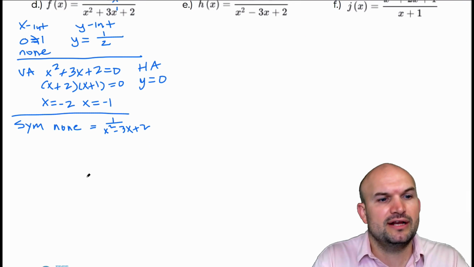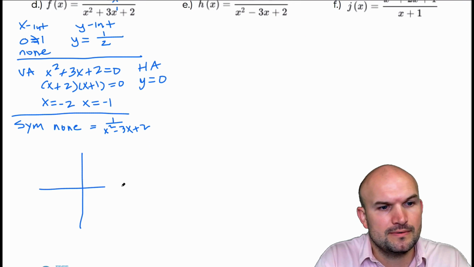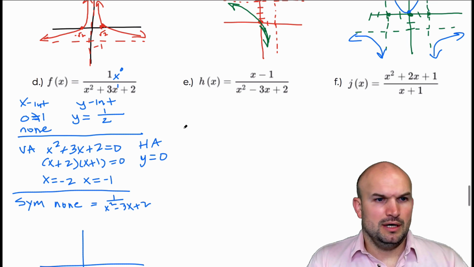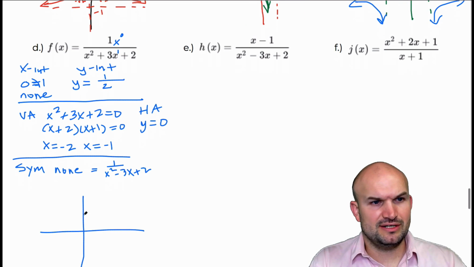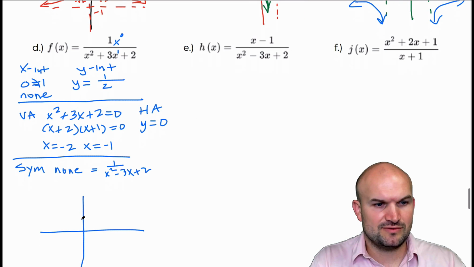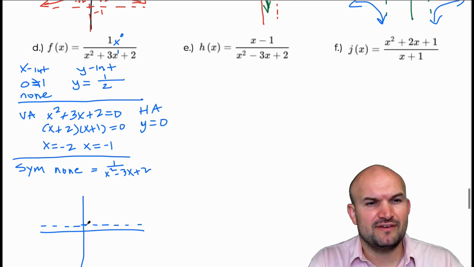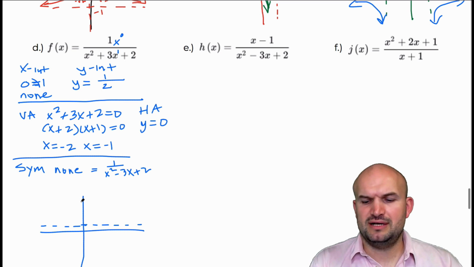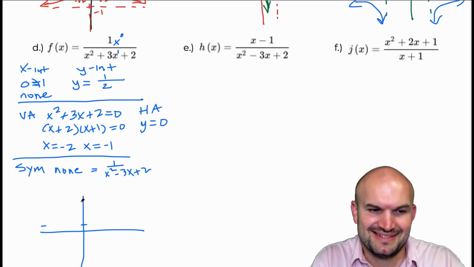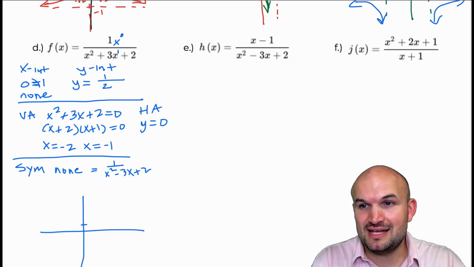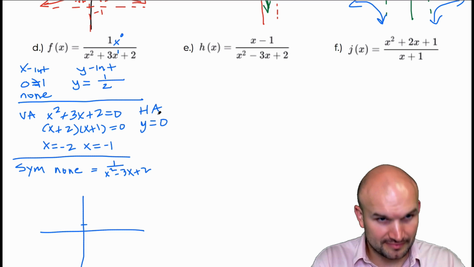All right, so let's go ahead and graph what we have here. So we have no x-intercept. We have a y-intercept at 1/2. So let's just say 1/2 is right there. We have a horizontal asymptote. I'm going to have to use purple.